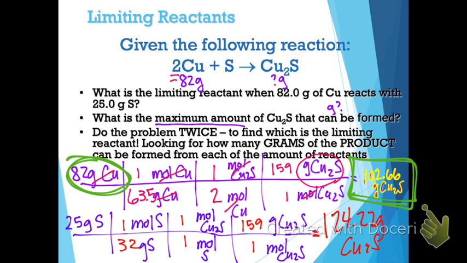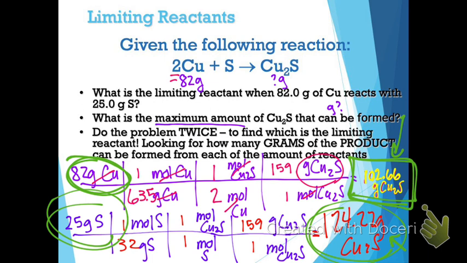If all 82 grams of copper gets used, we have the potential to produce 102.6 grams of copper sulfide. Now, on the other side of that, if we use up all 25 grams of sulfur, we have the ability to produce 124 grams of copper sulfide. Now, is that going to be possible? Is it possible for us to produce 124 grams of product if we just set up here that our maximum amount is 102 grams?